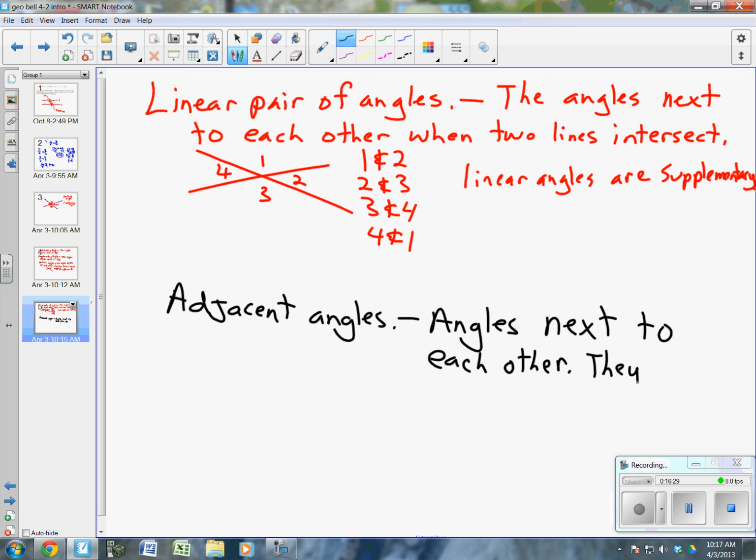They share the same vertex and one side. Okay, also you could add to it no common angles. They have no points that are interior to both of them. For example, you guys, interior angles are like this.